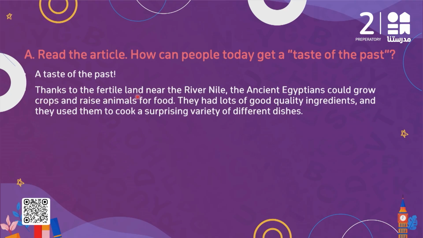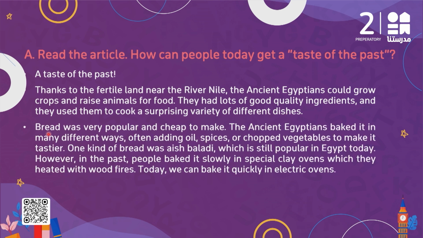Thanks to the fertile land near the river Nile, the ancient Egyptians could grow crops and raise animals for food. They had lots of good quality ingredients and they used them to cook a surprising variety of different dishes. Bread was very popular and cheap to make.